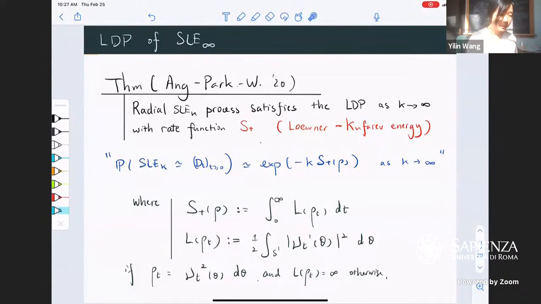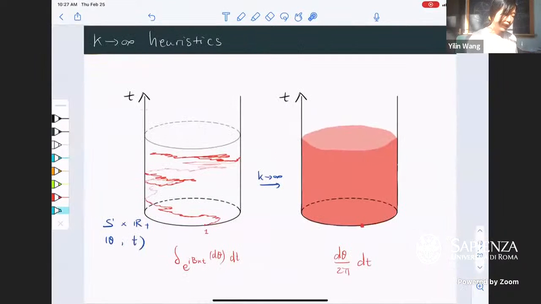But the way we prove this is again by this picture. The idea is that because we are looking at the measure, if I stop at a certain time and I look at the measure on this small time slice, then what is the Brownian motion? If I project that to the circle, it is going to give me the occupation measure of the Brownian motion. And we can look at, as kappa goes to infinity, how this occupation measure behaves, what is its large deviation.